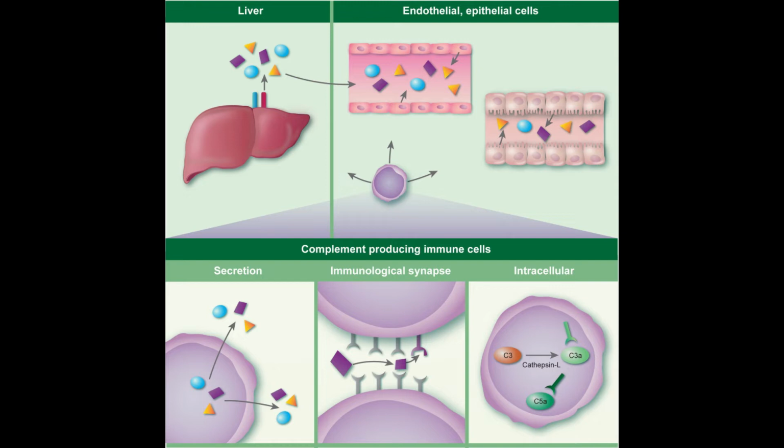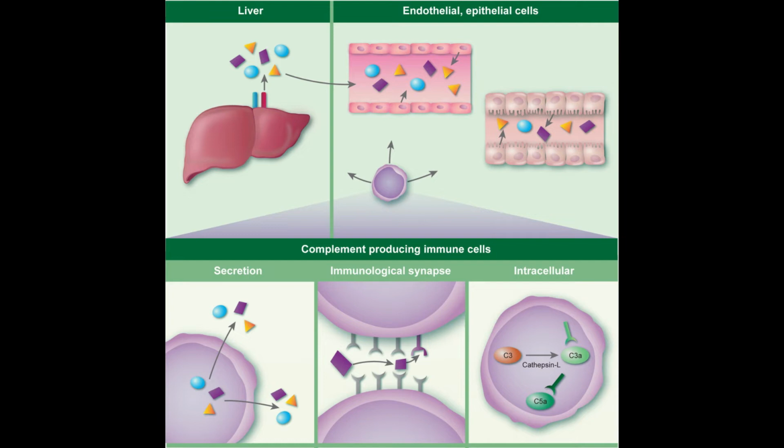C4, on the other hand, has a 205 molecular weight and a concentration between 300 and 600, and its function is to cleave C3 and convert it to C4b. C2 has a molecular weight of 102 and a concentration of 25 micrograms per milliliter, and its function is to bind to C4b to form C3 convertase.